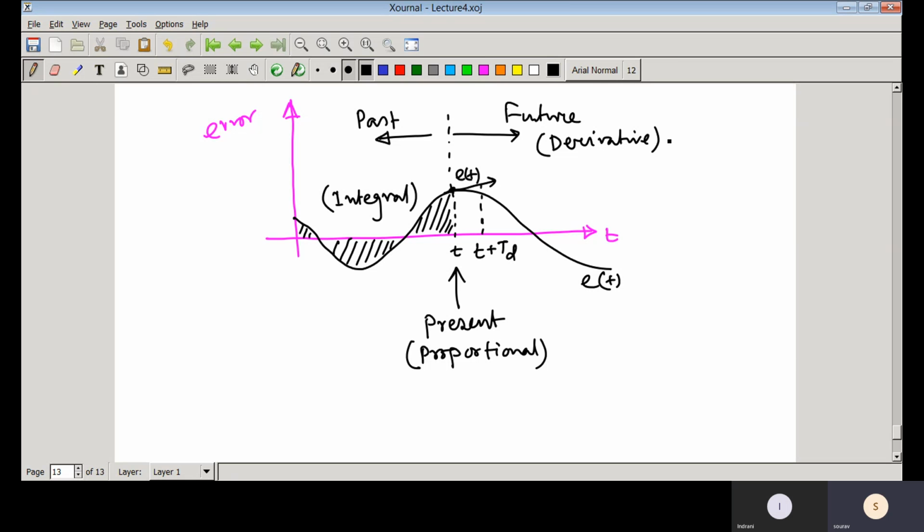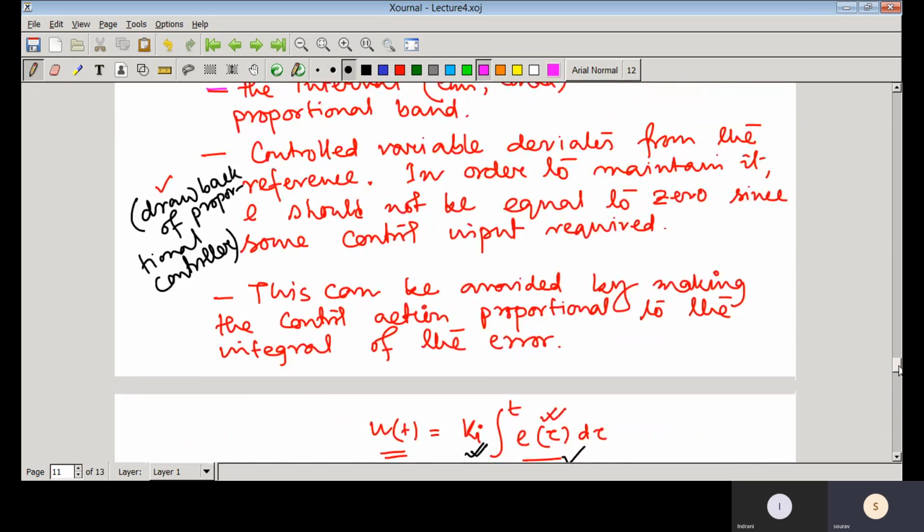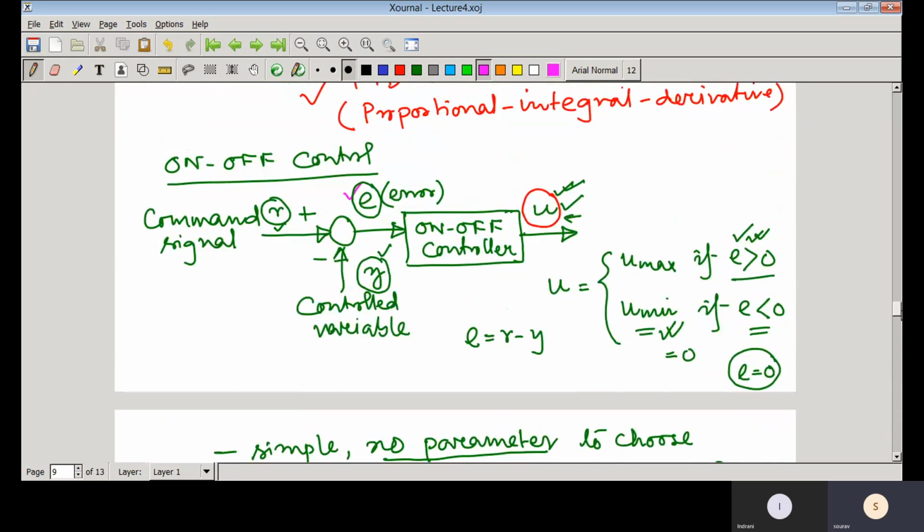So this is very interesting to see. That means in case of the PID controller, the proportional controller takes care of the present, the integral controller takes care of the past, and the derivative controller takes care of the future. So let me summarize what we have discussed today.